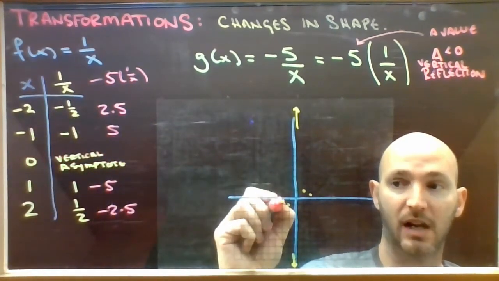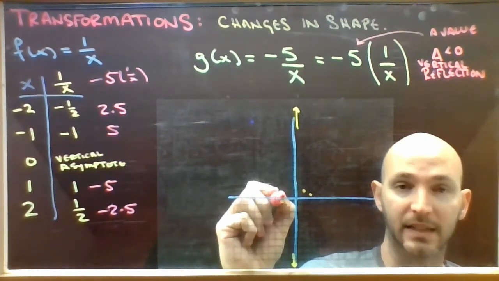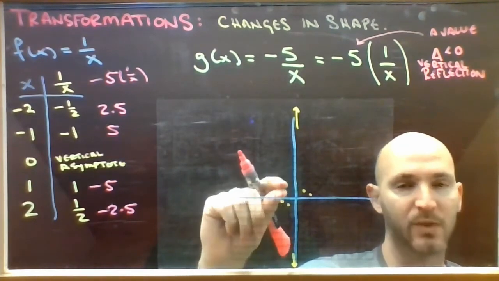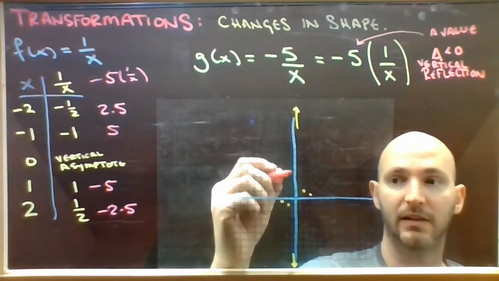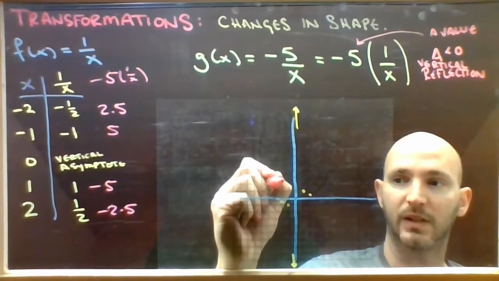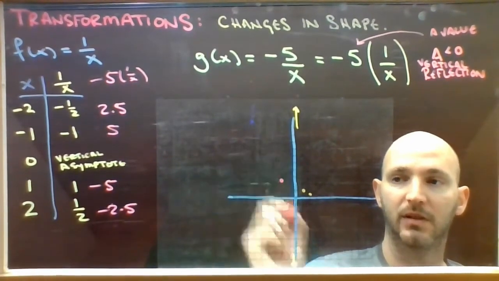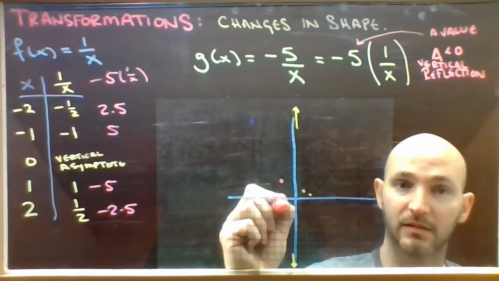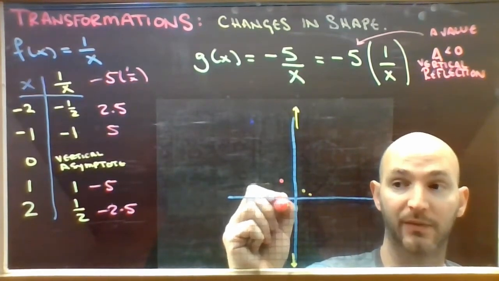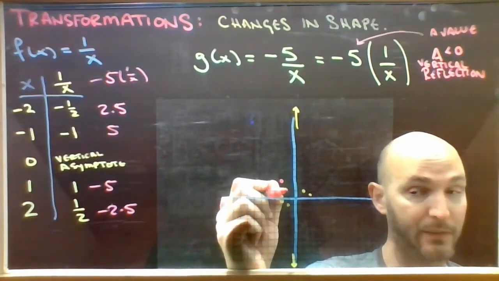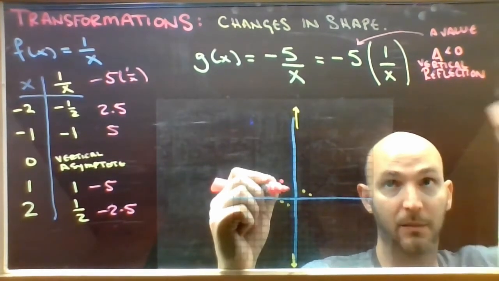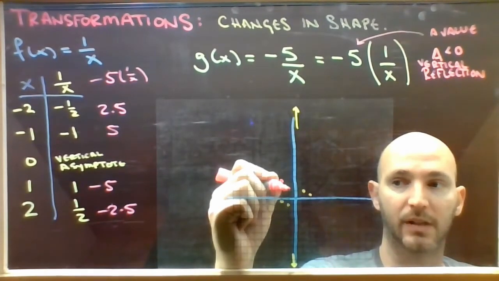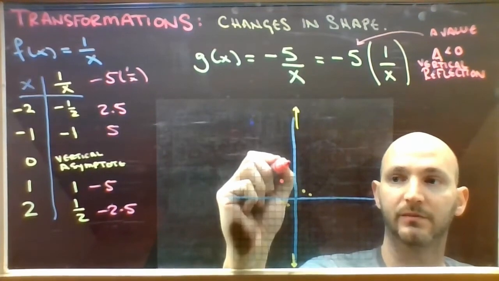So this dot got reflected, so it would be up here, and then it was made 5 times further away, landing at 1, 2.5 squares above the axis. This dot, 1 below, was reflected to 1 above, and then made 5 times further away from the axis. So instead of 1, it's 1, 2, 3, 4, 5.